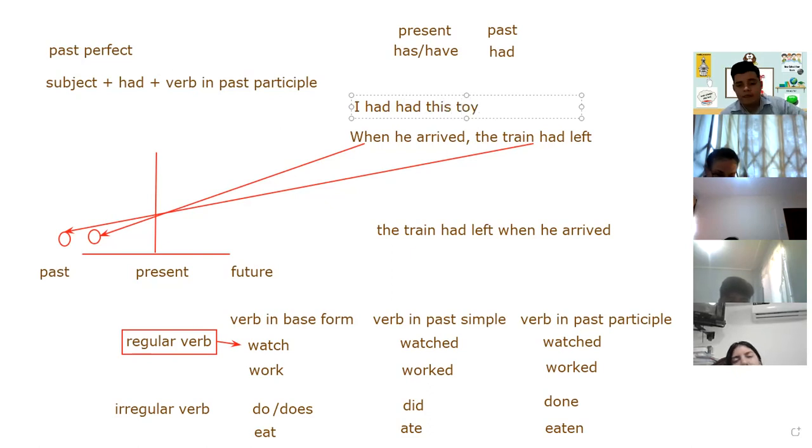Okay? Yes, it's okay. It's not incorrect. Why? Sometimes the first had is not a verb. It's like an auxiliary. The next had, yes, this is a verb. Okay, so don't confuse. You can use this verb have in past.